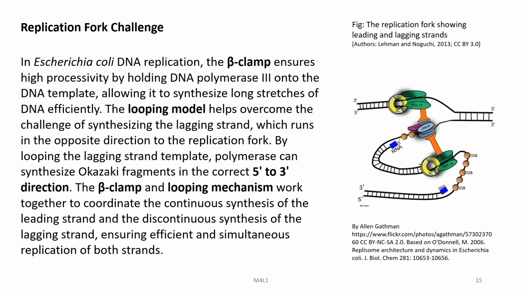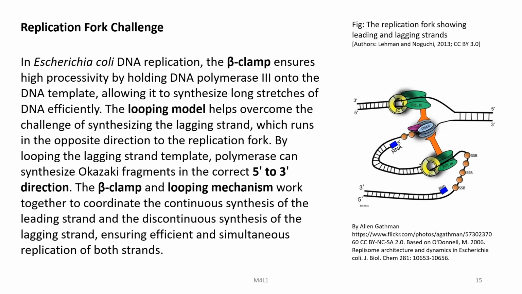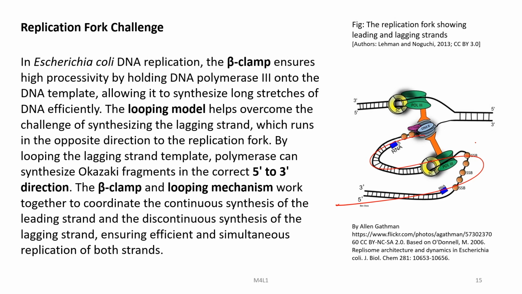What you need to remember is that the leading strand replicates towards the fork center, and in the lagging strand there is some kind of looping and it is not as straight as this. However, the Okazaki fragments and other things will all be present in this model as well.